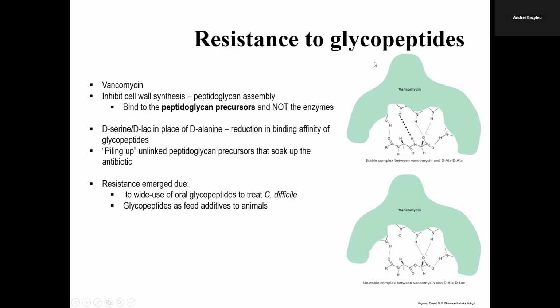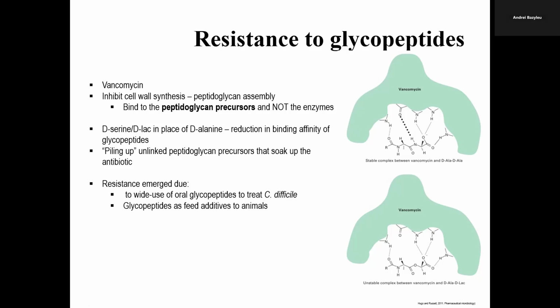So how were the glycopeptides exerting their effect? They were blocking the cell wall synthesis by binding to peptidoglycan layer precursors, so the chemicals, the building blocks of the peptidoglycan layer. If the antibiotic was bound to that precursor, it could not be used as a building block for the cell wall synthesis.